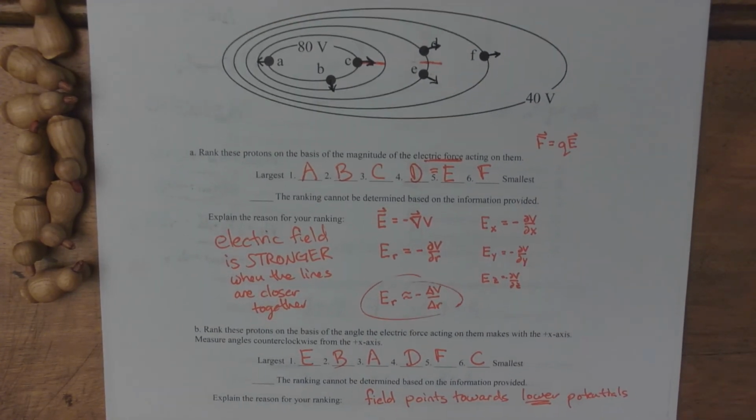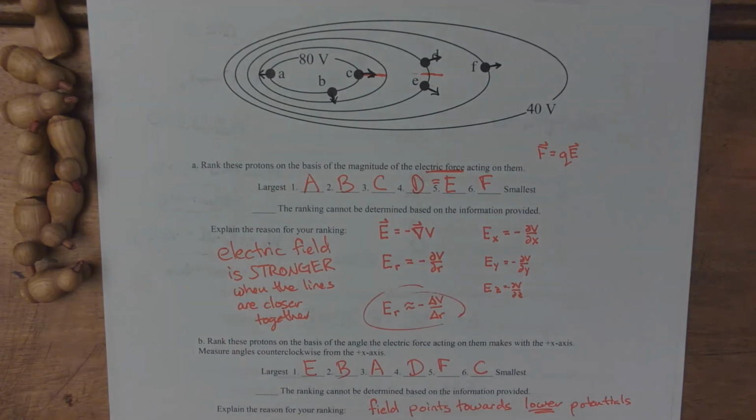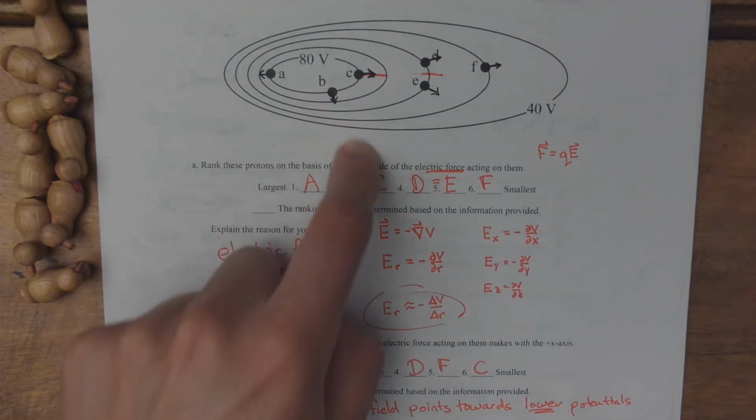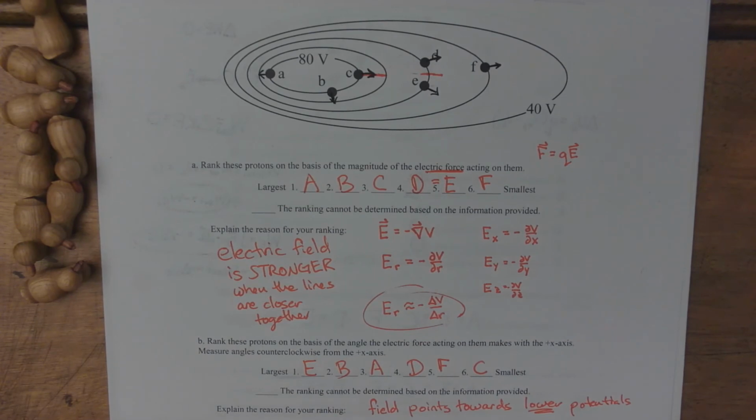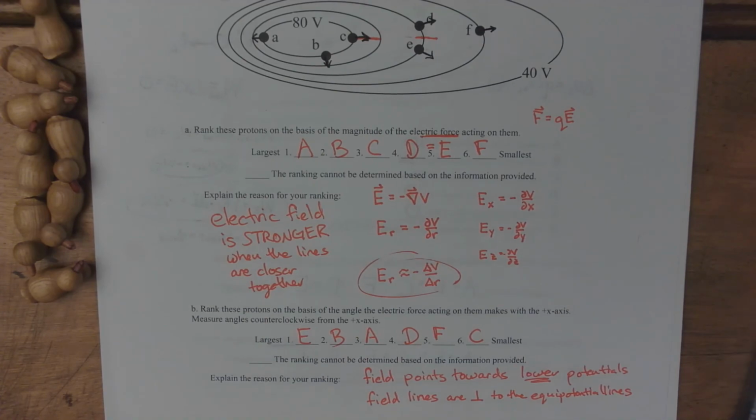Remember in lab we talked about if you picture the higher potentials as the top of the hill and you dump out a bucket of water, the field lines point in the direction that the water would flow in, so pointing towards lower potentials, and the field lines are perpendicular to the equal potential lines. And that's it for problem 28.